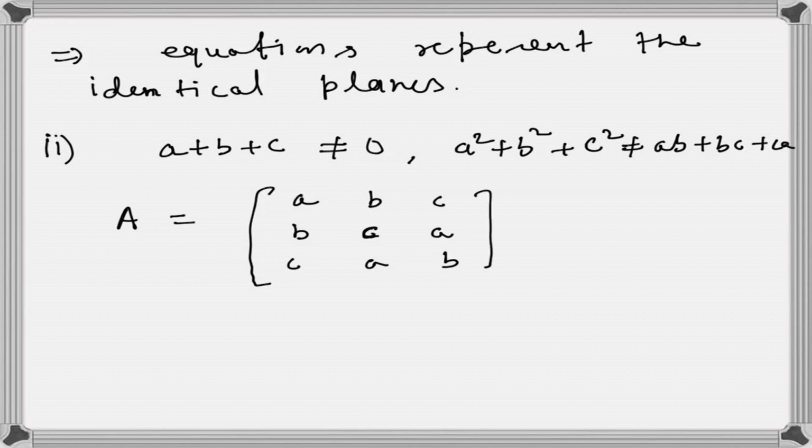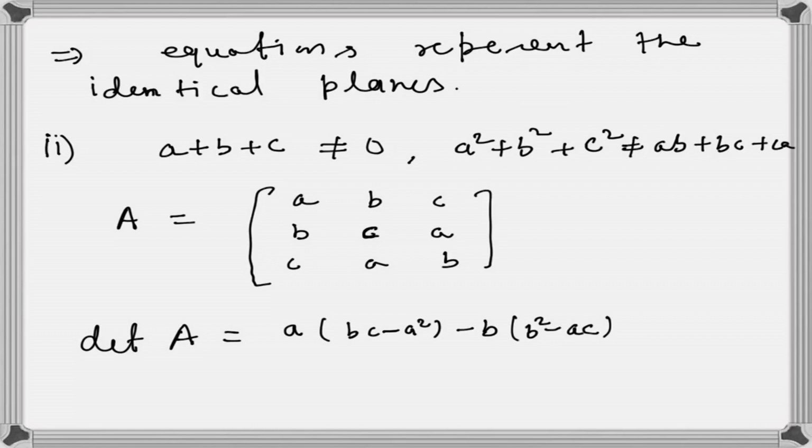So what is the determinant of A? The determinant of A is a times (bc − a²) minus b times (b² − ac) plus c times (ab − c²). This is nothing but 3abc − a³ − b³ − c³.